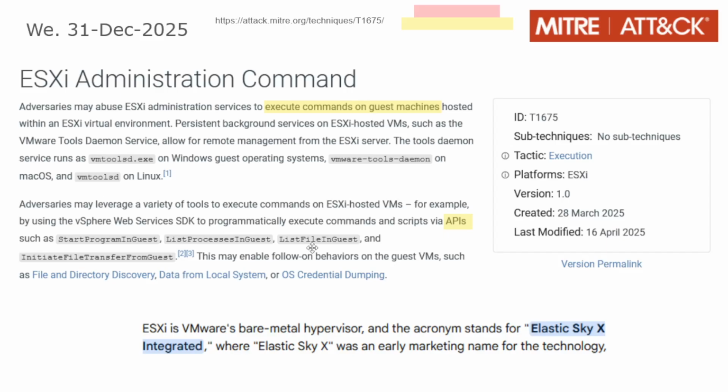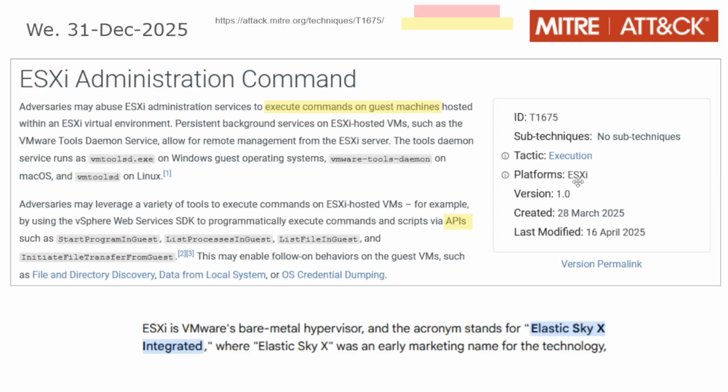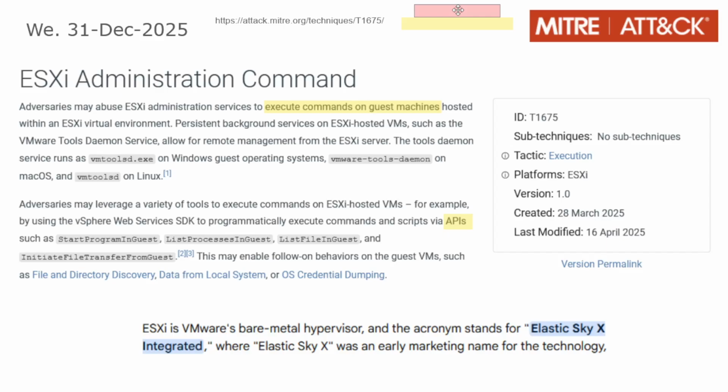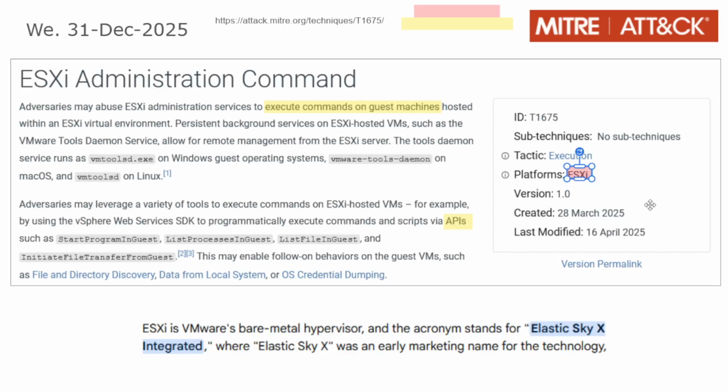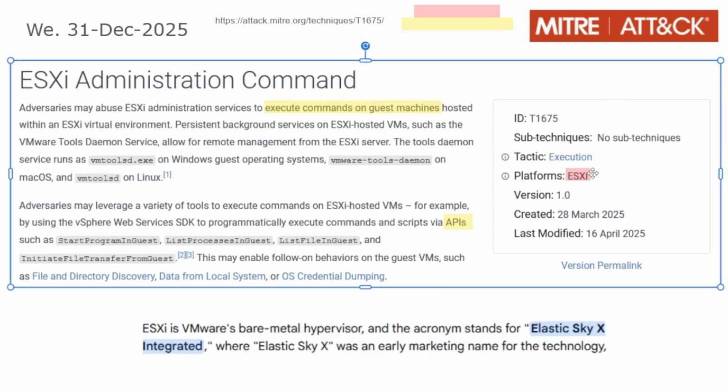Let's jump back to this page here. So platforms ESXi, I get it. But the platform is also Windows, Linux, because that's where you spot it, right? So maybe they might want to add the platforms here. Let's mark it. So as a result of that, we are here not just in an ESXi battlefield, but also in a battlefield of the operating systems and virtual machines that are potentially running on it.